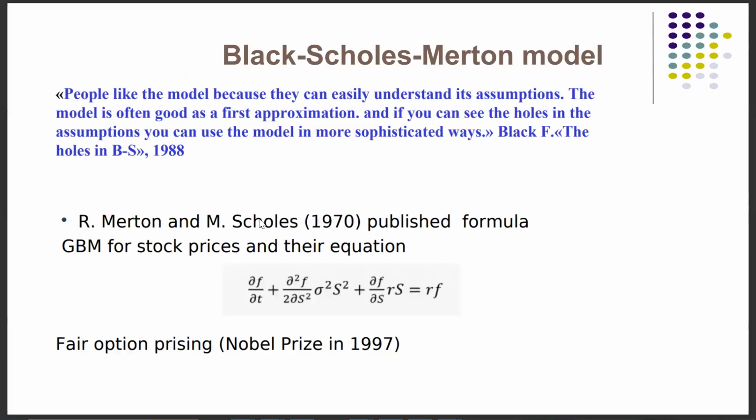This formula was published in 1973, and last year, 2023, we celebrated 50 years from the moment when this formula was published, and from the moment when the Chicago Board Options Exchange was opened. After the publishing, option trading becomes legitimate, not like speculation or gambling.